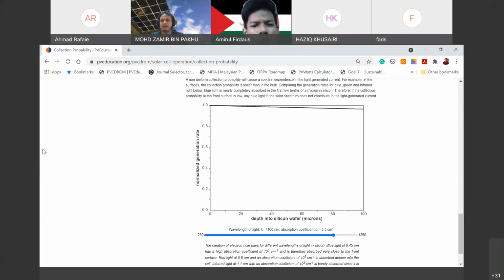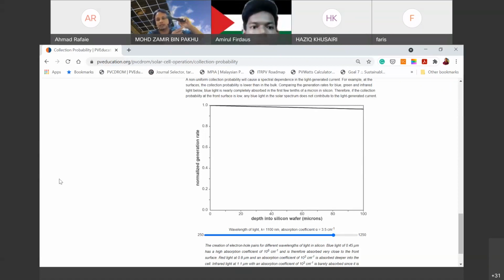Look at the thickness of crystalline silicon required in order to absorb up to 1100 nanometer. We discussed before that blue photons, high energy, will be absorbed at the surface, green photons, medium energy, will be absorbed in the middle of the bulk, and red photons will be absorbed at the back. This whole thickness has to be thick enough to absorb the whole wavelength range.